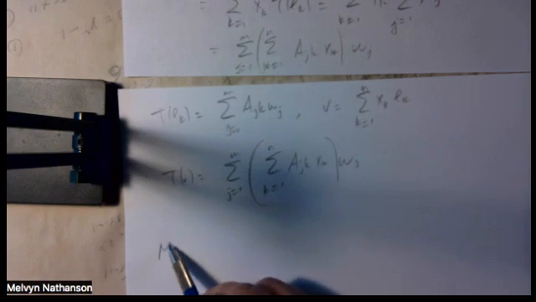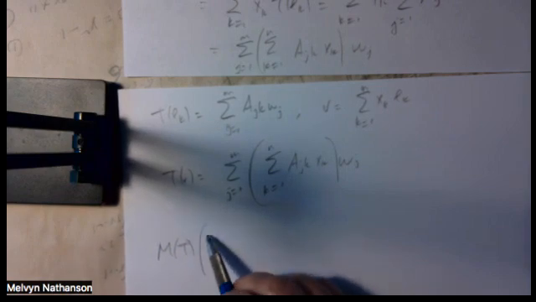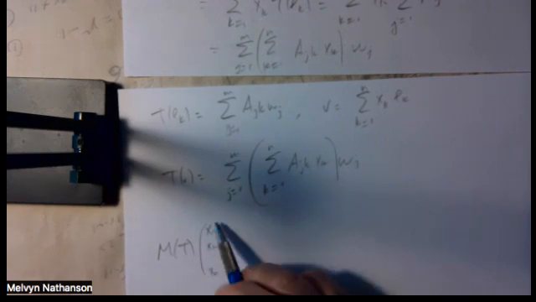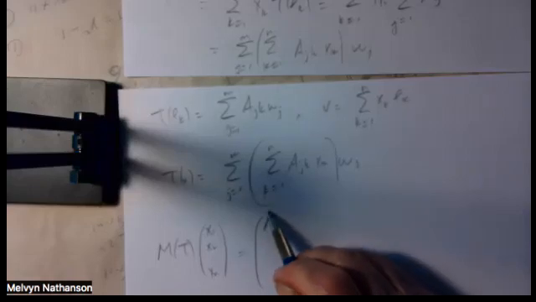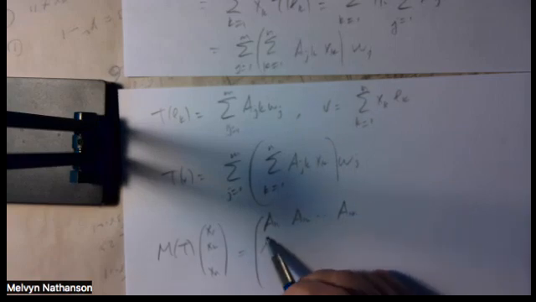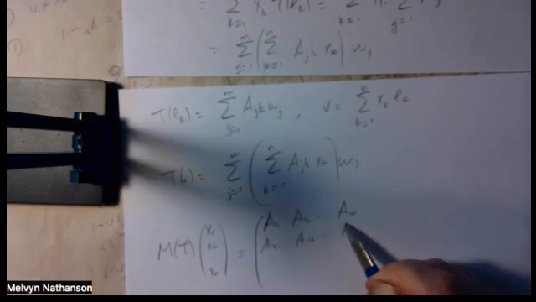What happens if I take the matrix for T and multiply it by the coordinate vector x1, x2 down to xn? That's this matrix a11, a12 up to a1n, a21, a22 up to a2n, down to am1, am2, amn. And I'm multiplying that by this vector, which is just a matrix with one column. This is m by n. This is n by 1.